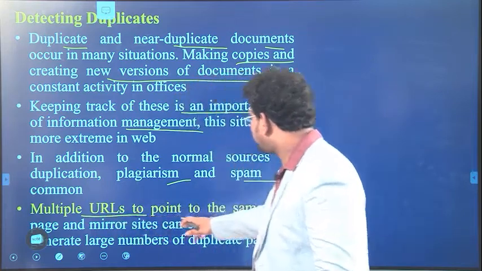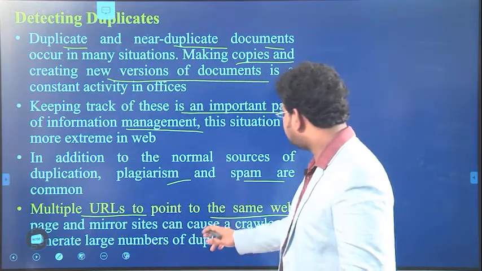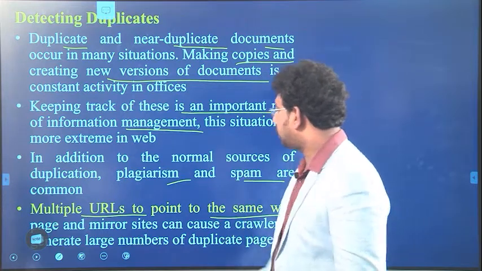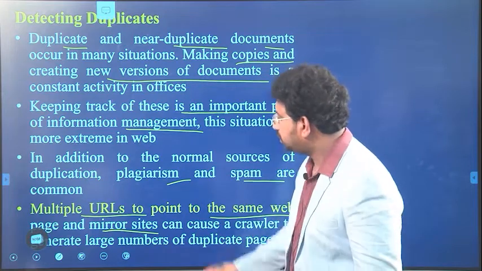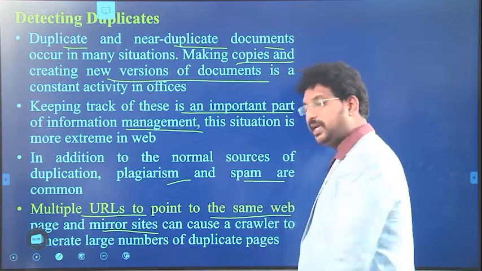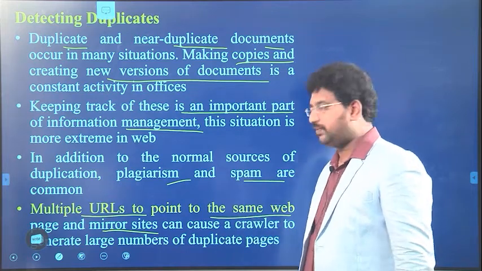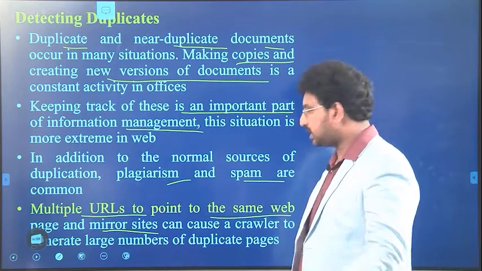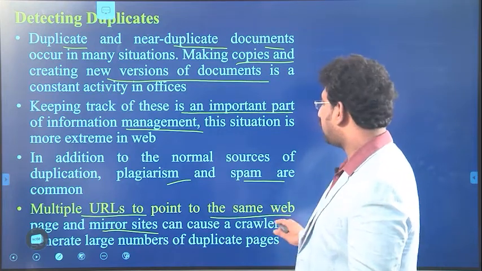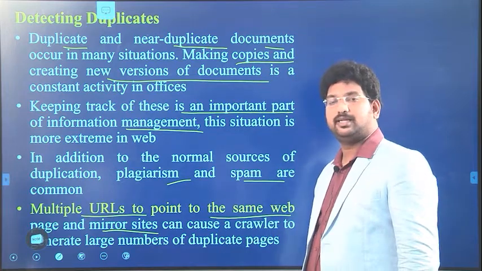Multiple URLs pointing to the same web page, and mirror sites, can cause a crawler to generate a large number of duplicate pages.